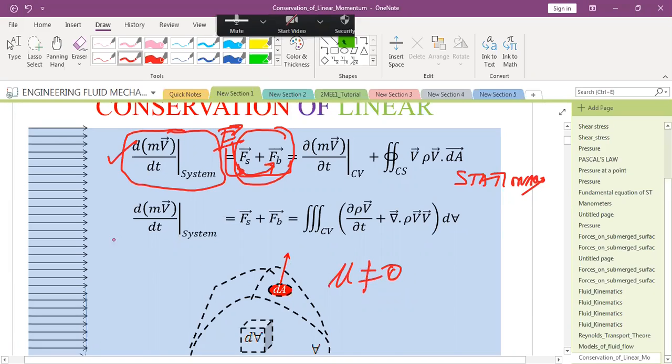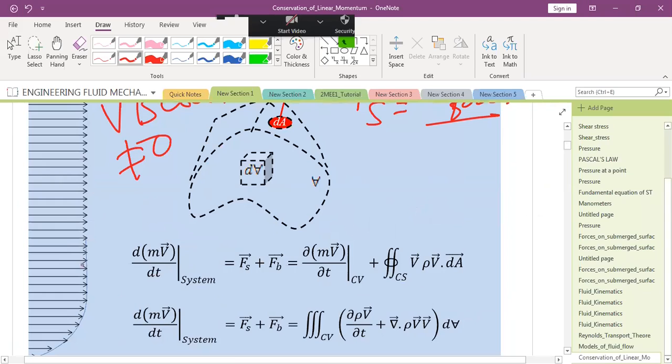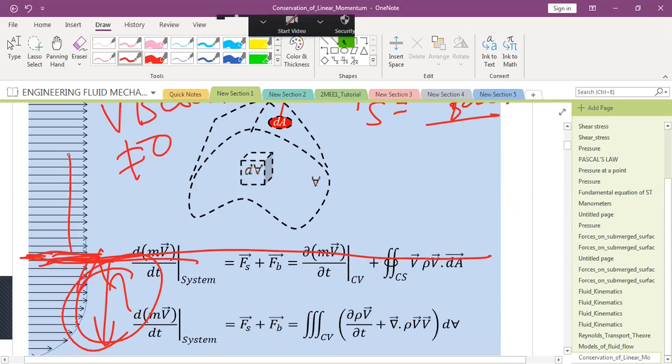So then why are we not considering viscous force as one of the forces when the control volume chosen is outside this boundary layer? Boundary layer, do you understand? A layer of fluid in which velocity variation is there is called the boundary layer. Above this region there is no relative velocity, although viscosity is there.